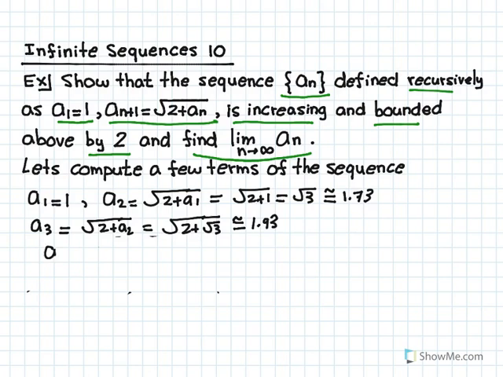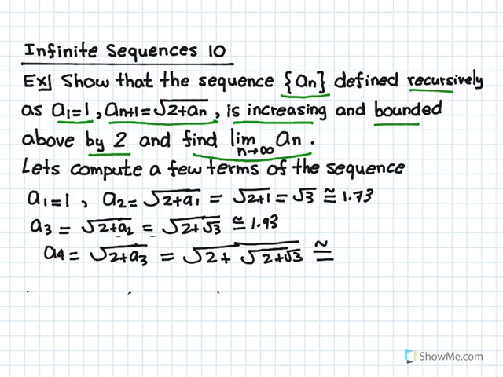And let's look at a_4. a_4 is equal to the root of 2 plus a_3, which is the square root of 2 plus root of 2 plus root 3. Put this all into a calculator, and we get approximately 1.98.